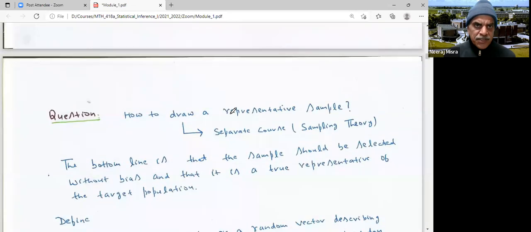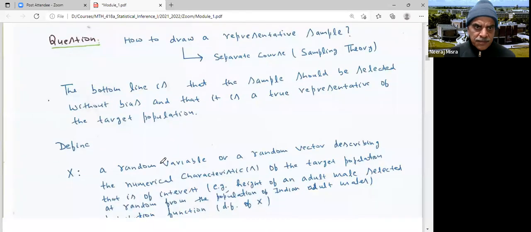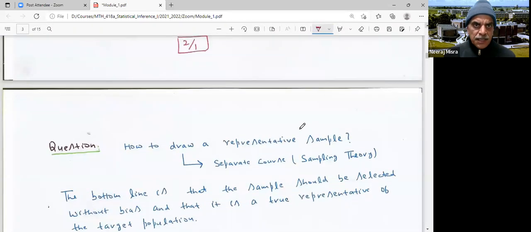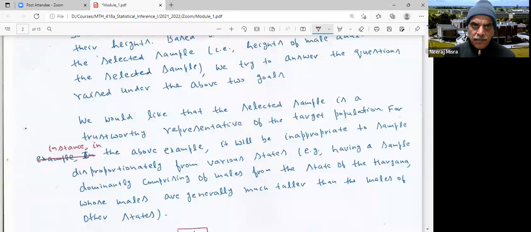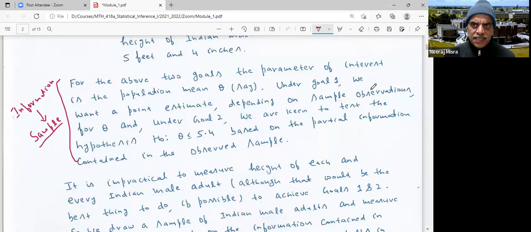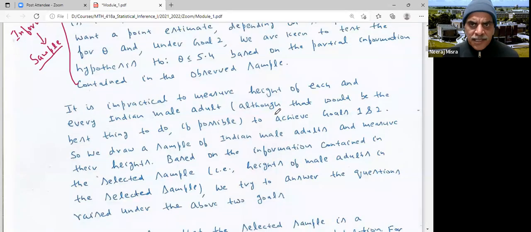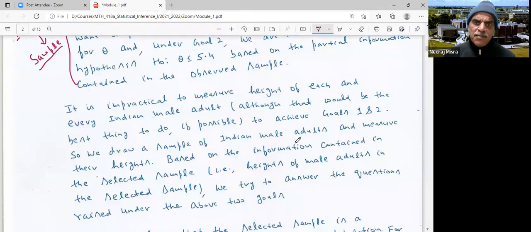So it is impractical to measure the height of each and every Indian male adult to achieve goals 1 and 2. So we draw a sample of Indian male students and measure their heights.